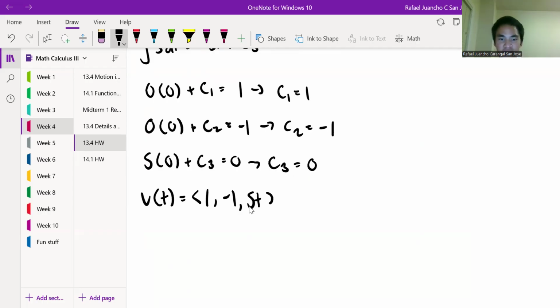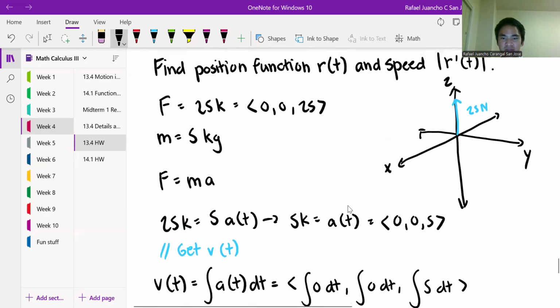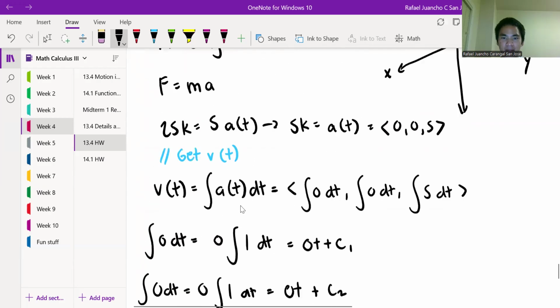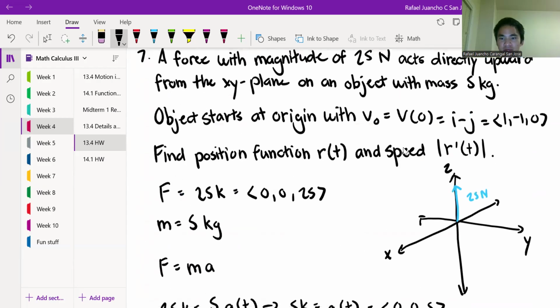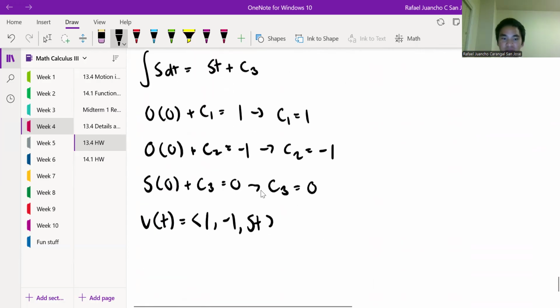This is the only one that doesn't affect it. Okay, so that's my velocity vector there. Great. Now I can get my speed, although I'm not sure how to get my r of t. That's another issue. Unless I have a formula for it.